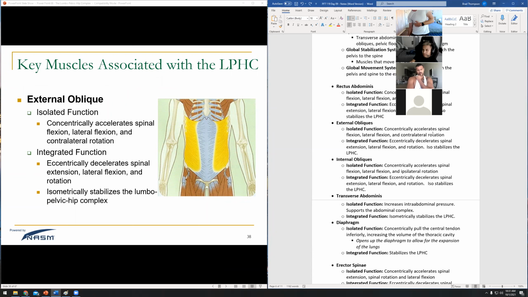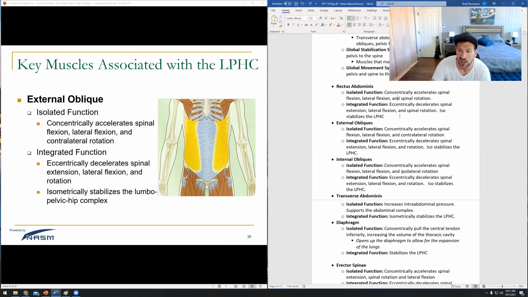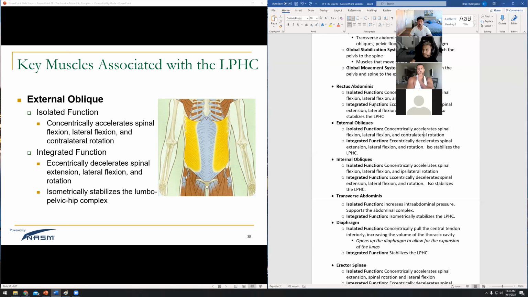It's literally my least favorite exercise in the gym, because all it does is strengthen this muscle that we're going to talk about in a minute, and it screws up your pelvic alignment. So that's the external obliques: spinal flexion a little bit, lateral flexion. And when it does rotation, by the way, it does contralateral rotation. So the right rotates me to the left, the left rotates me to the right. That's the contralateral. Okay.